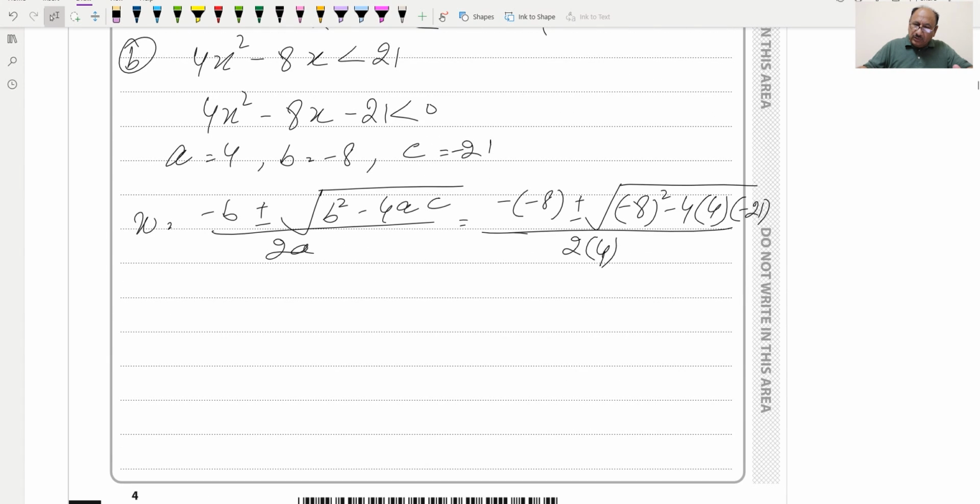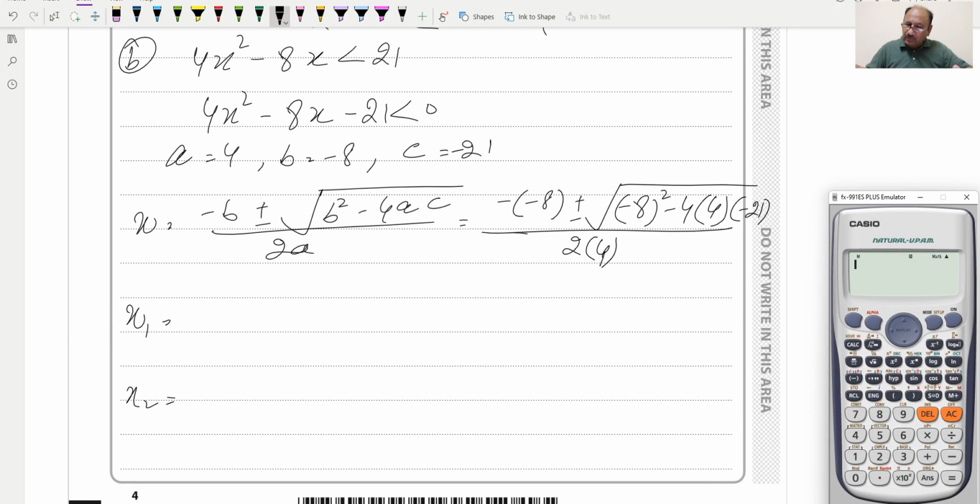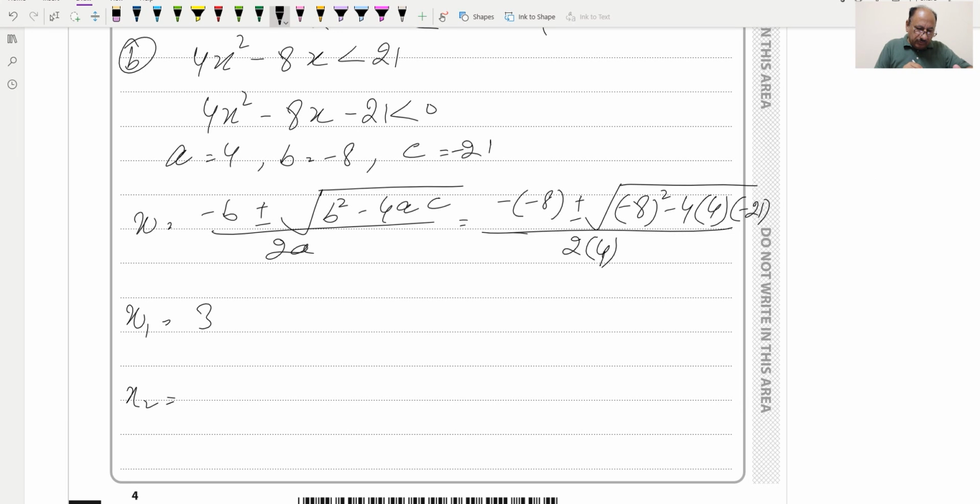And now we can write x1 and x2, two values. x1, with the plus sign, we can write as minus in brackets minus 8, plus square root of minus 8 squared minus 4 into 4, and in brackets minus 21, and divided by 4 into 2 will be 8, and this is equal to 7 by 2, and the decimal value will be 3.5.